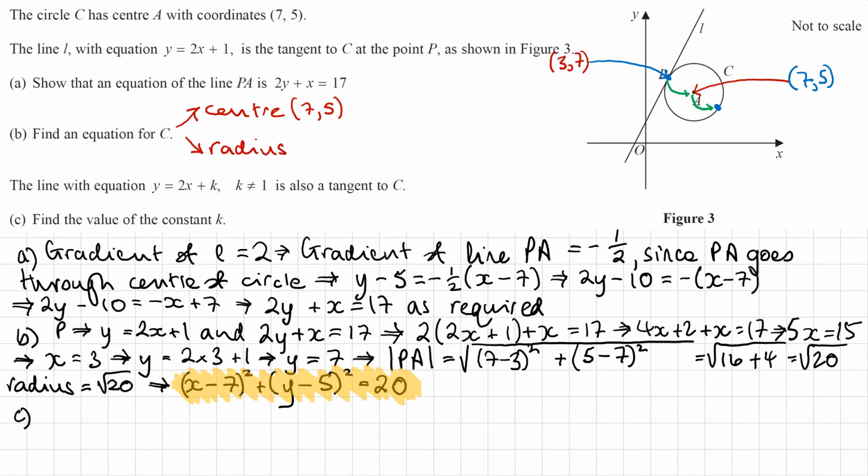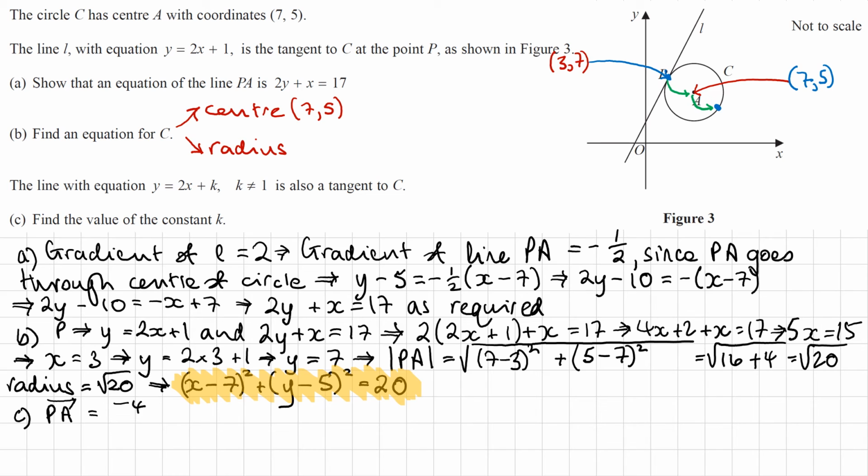So let's do that. Now the jump you can also call the displacement. So let's work out the displacement that takes us from P to A. So P to A. Now what happens with the x coordinates from P to A? Well, the x coordinate goes down by 4. It's going from 3 to 7. So the x coordinate goes down by 4. So I'm going to write this as a column vector. So -4. And then the y coordinate goes from 7 to 5.